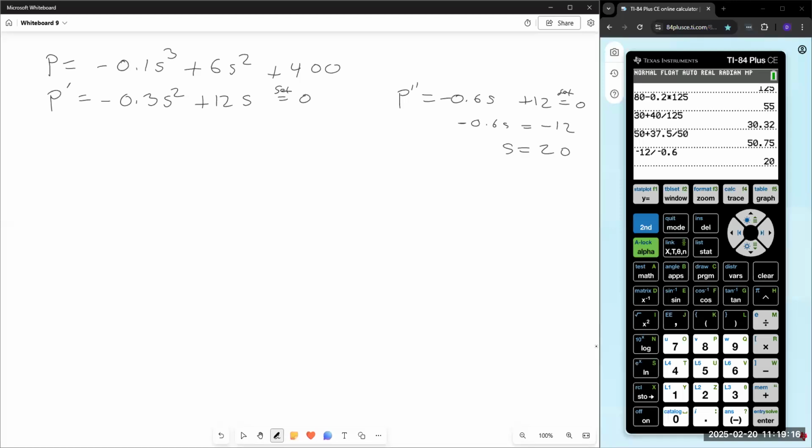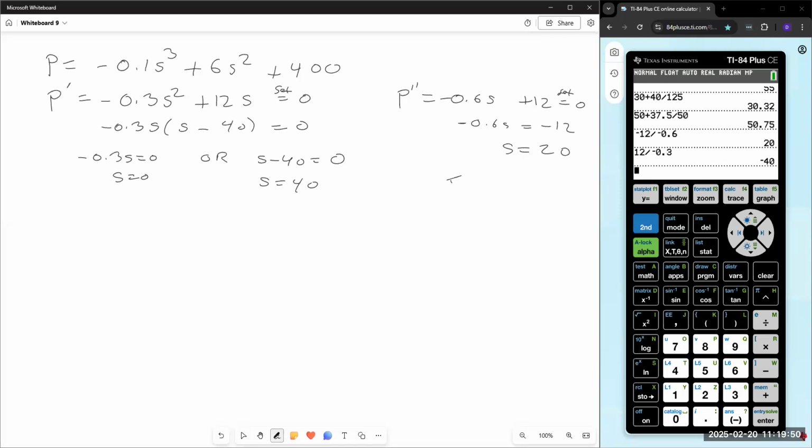And when I factor here, negative 3/10 s times s minus 12 divided by negative 0.3, which is 40, equals 0. So negative 0.3s equals 0, or s minus 40 is equal to 0. S equals 0, S equals 40.